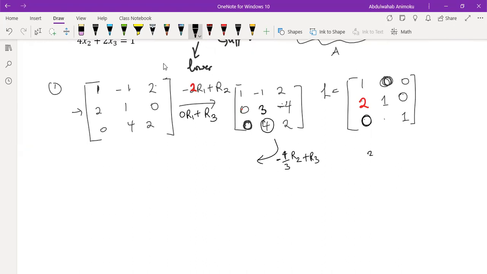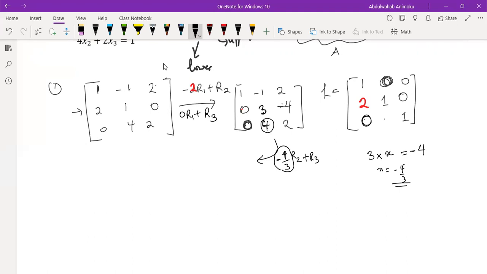I'm thinking of which number I multiply by 3 to give me minus 4, because if I have minus 4 and I add 4 to it, it will give me 0. So that number is minus 4 over 3. That's how I figure out what should be here: a number that I multiply to this that will give me the negative of what is here.